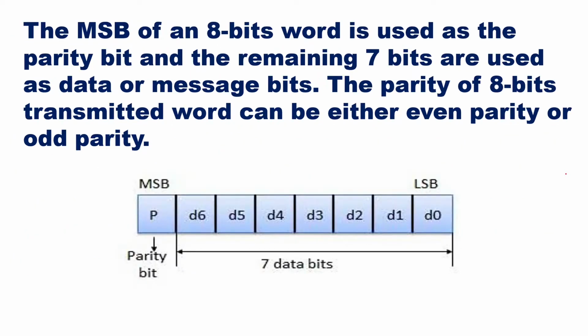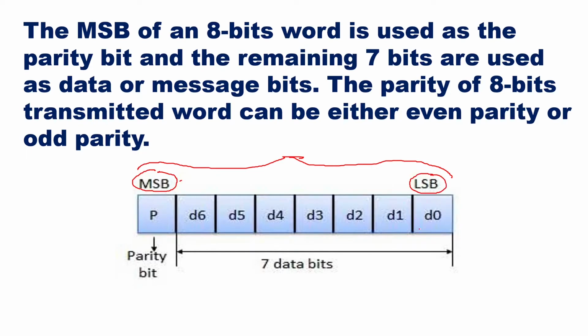Then we will see exactly where we put this parity bit in an example of an 8-bit code word. You can see this 8-bit code word; this complete thing shown in the diagram is the 8-bit code word. This is your most significant bit, and this is your least significant bit.